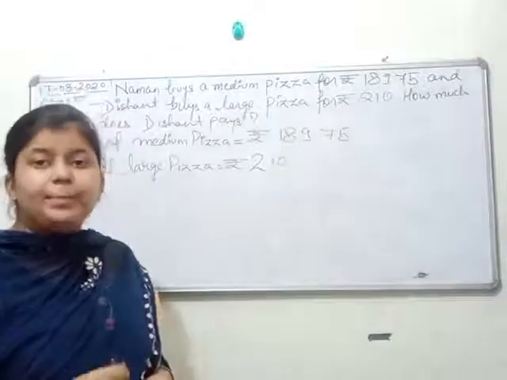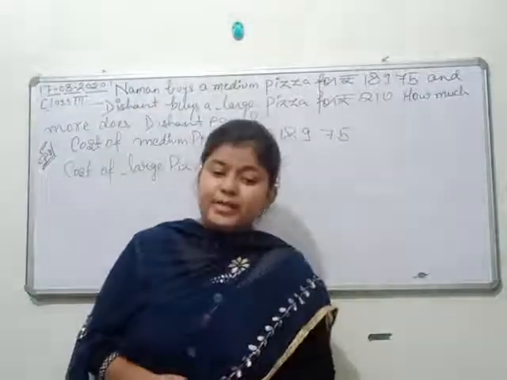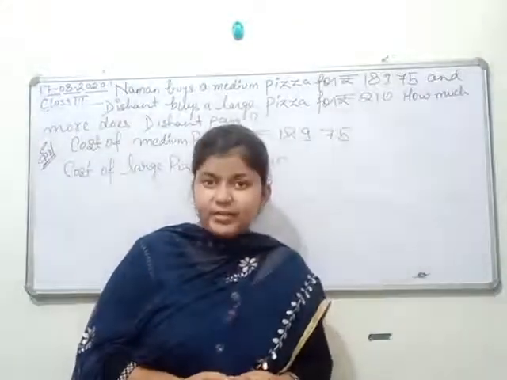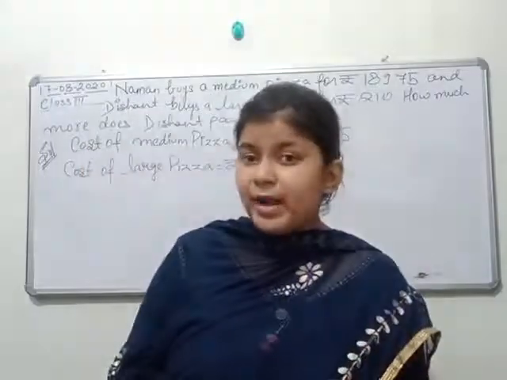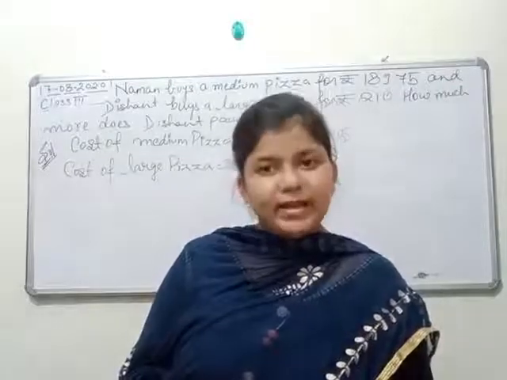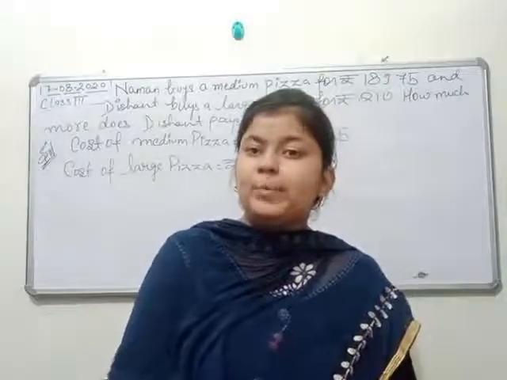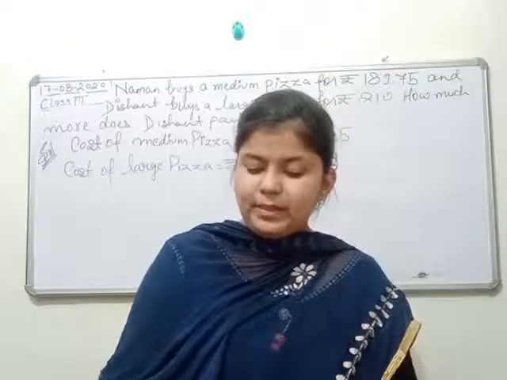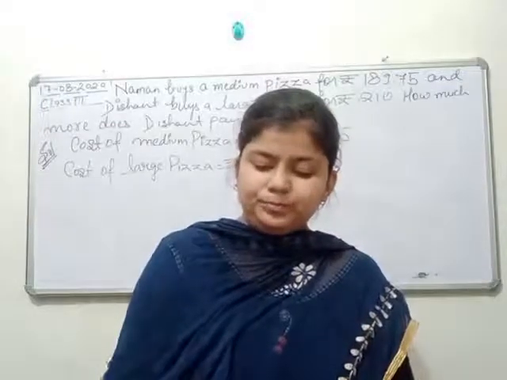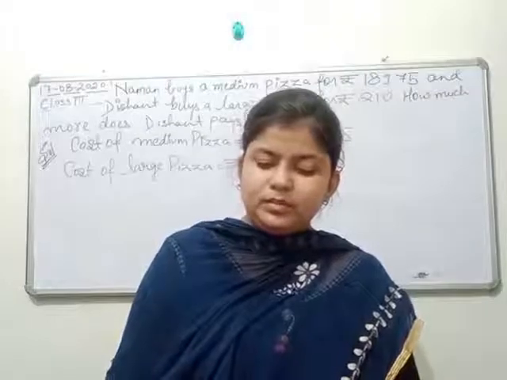So now what will we do? What is the next step? Next we will subtract. And how are we going to subtract? We are going to subtract by making two headings, one heading for the rupees column and one heading for the paise column. So by making the two headings we are going to subtract.